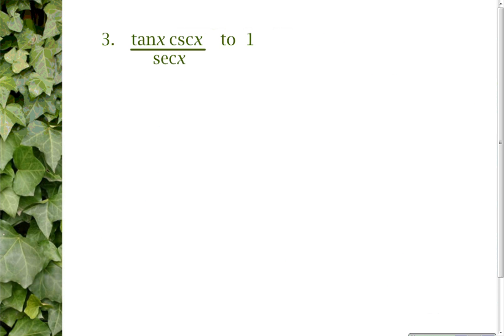Last one. We're going to show that tangent x, cosecant x, and 1 over secant x is equal to 1. When you have something like this that doesn't have any real straightforward way to break it up, what I would end up doing is you just write out each of the parts individually.